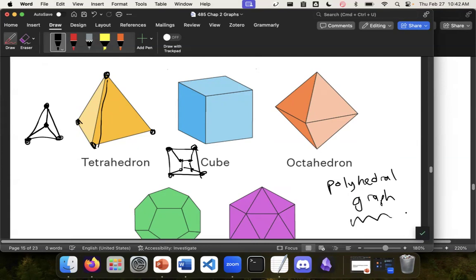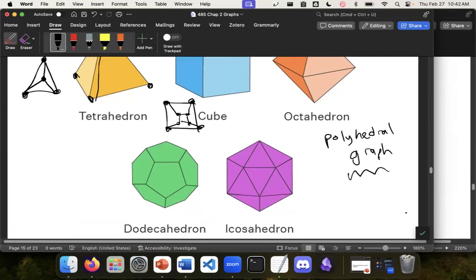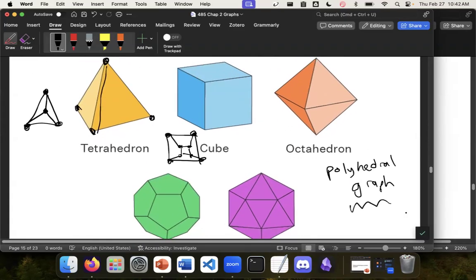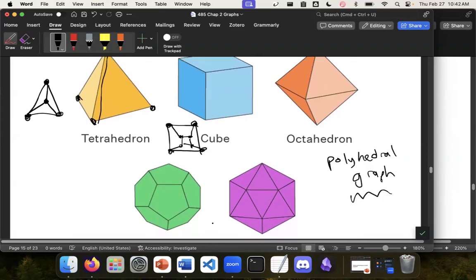This is something that I looked at for my dissertation thesis. So when I saw this in the textbook, I'm like, I know about that. So yeah, these are Platonic graphs because these are Platonic solids. I think in particular, the icosahedron and the dodecahedron look pretty cool. But yeah.